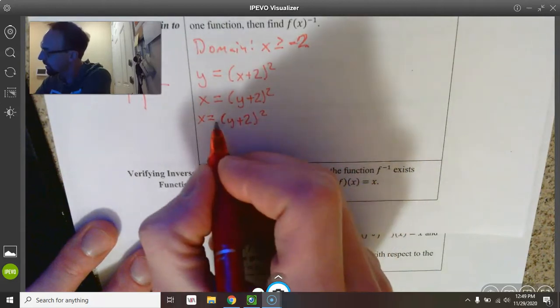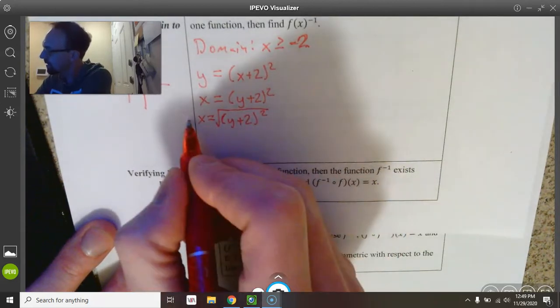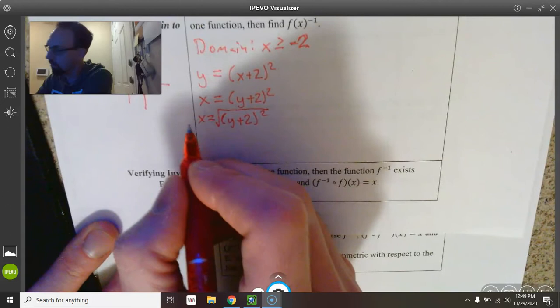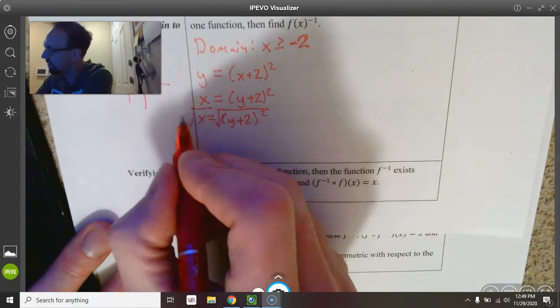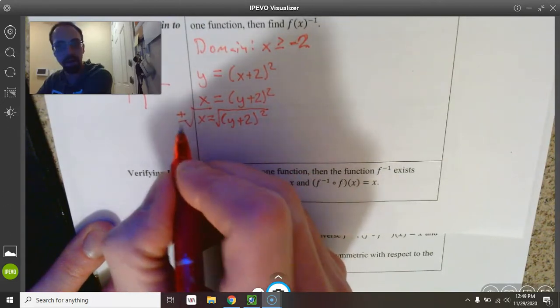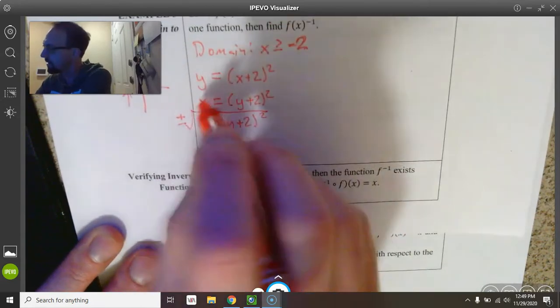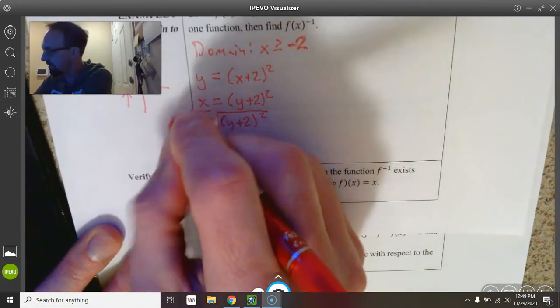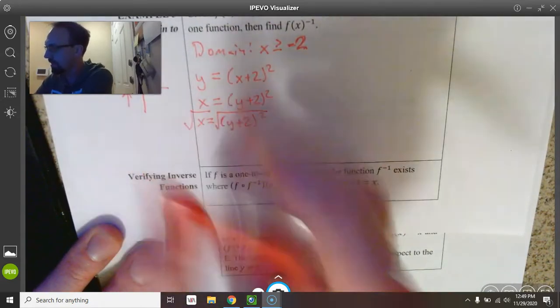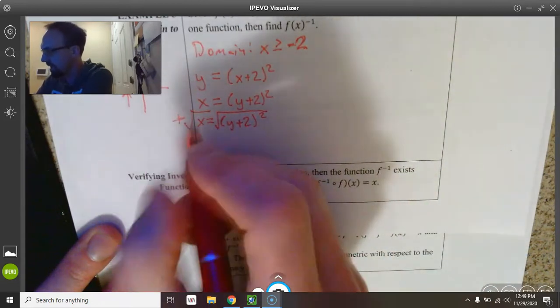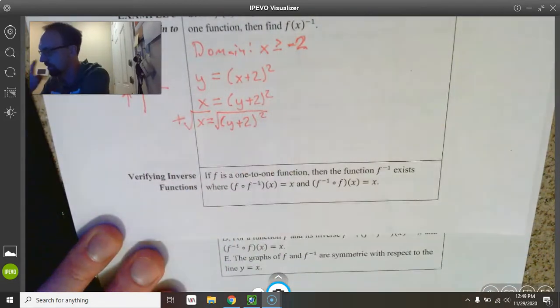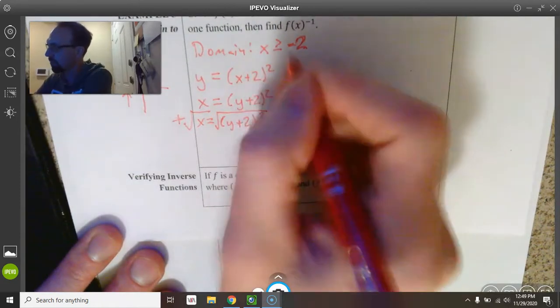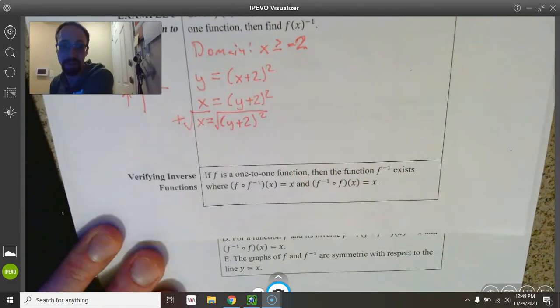So to get rid of that squared, I need a square root. So whenever we square root, we have plus minus, but here, this is where we're restricting the domain. So here, I am just going to have positive values. So because I restricted the domain, because x had to be greater than or equal to negative 2, what we're going to have here is a restriction on the inverse as well.